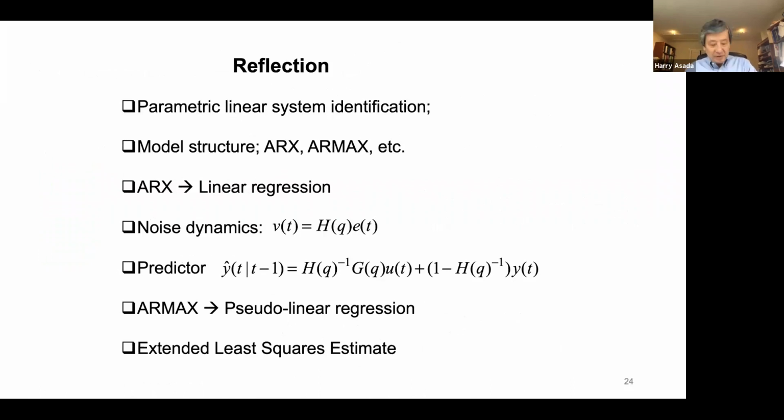Okay, with that, I just want to reflect on a few things. What we did today is parametric linear system identification. I explained why we care about parametric representations.